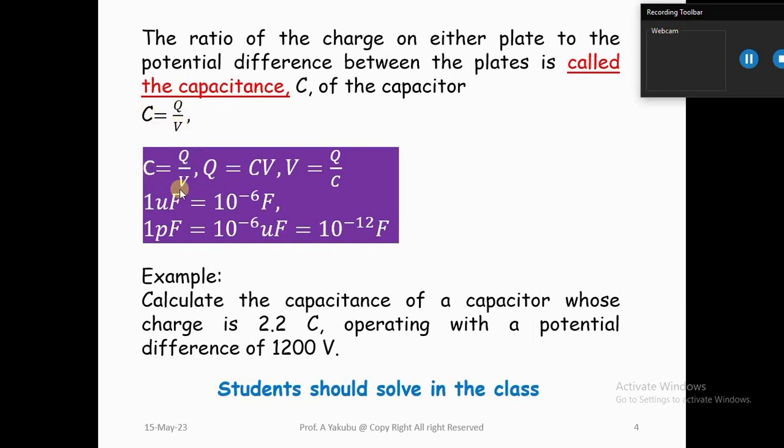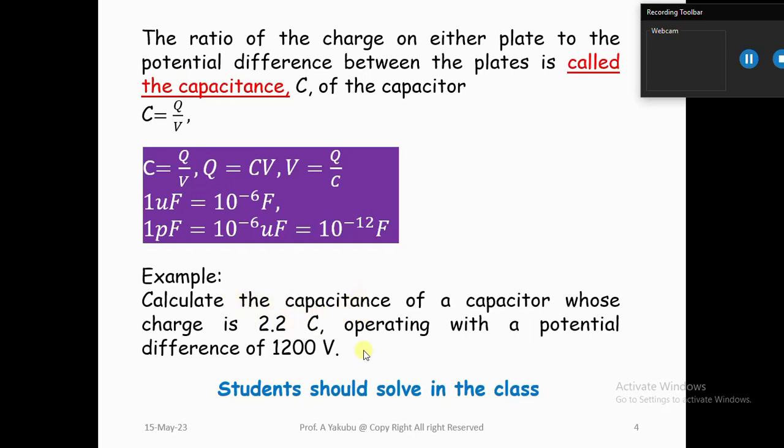So C is charge over voltage, which means charge is capacitance times voltage, and voltage is charge divided by capacitance. It's important to know that 1 microfarad is 10 raised to the power minus 6 farad, while 1 picofarad is 10 raised to the power minus 6 microfarad, which means it's 10 raised to the minus 12 farad.